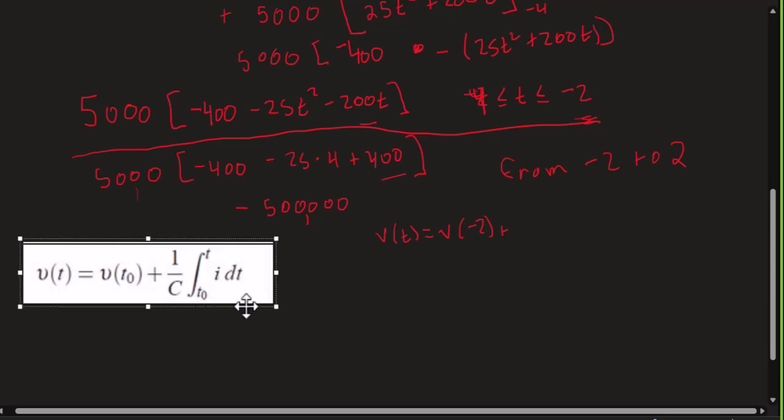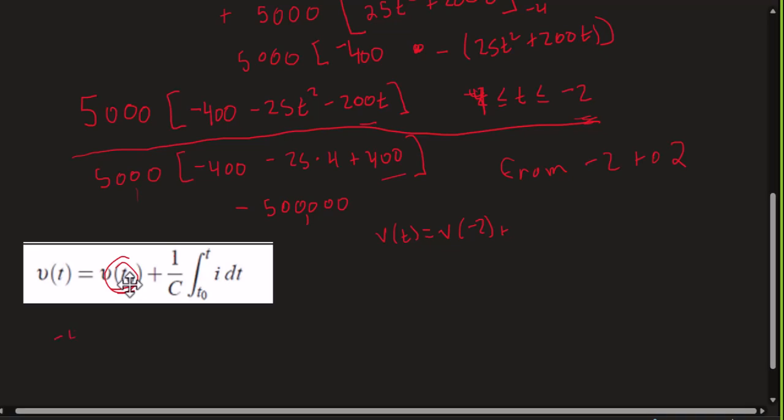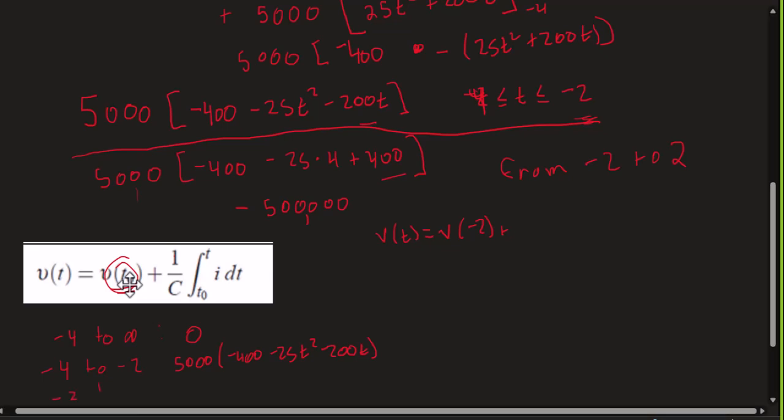To get what it's going to be from negative 2, I need to know what it is at negative 2. So I'm not evaluating the integral anymore. I'm plugging into the function that I had before in order to get this value right here. So what we have so far is from negative 4 to infinity, it's 0. From negative 4 to negative 2, it's 5,000 times negative 400 minus 25t squared minus 200t. And now we're doing from negative 2 to positive 2. And that's the part we're doing right now.